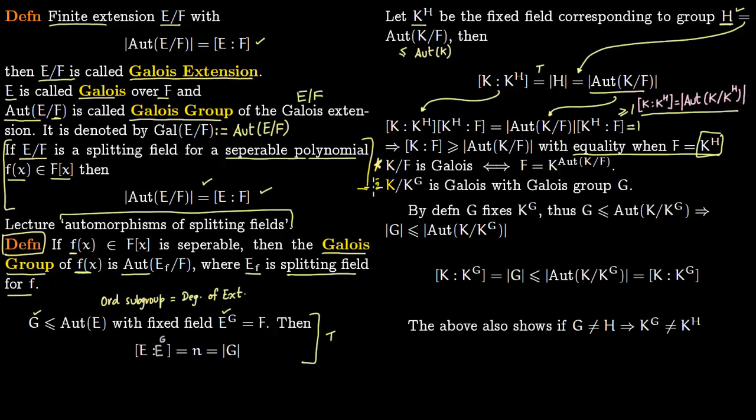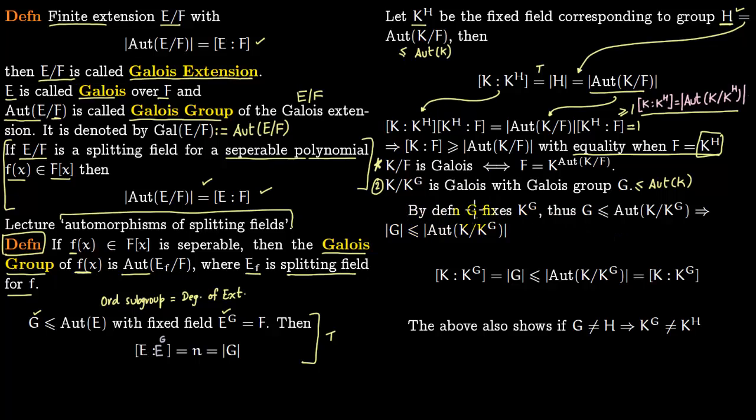So the second thing we want to prove is, say you have an extension K over this field K^G. This field K^G is nothing but the fixed field corresponding to group G. So this field extension is Galois with Galois group G. Obviously this G is nothing but a subgroup of automorphisms of K. Only then can you get this K^G here.